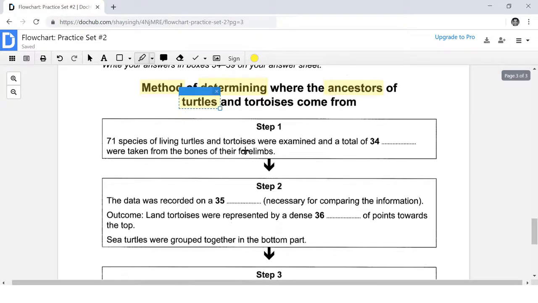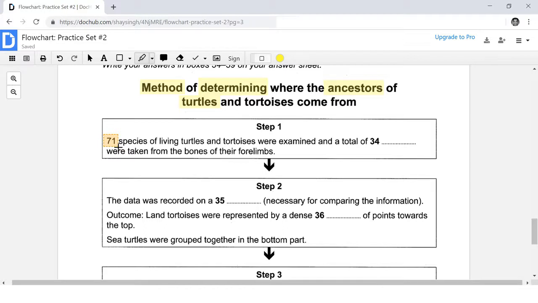Okay. Now here we have different steps. And once you have located the matching paragraph, at that point, what you want to do is start looking for these other keywords from the question in that paragraph. So let's go ahead and mark some keywords from the questions as well. Now over here, we have a very good keyword, 71 species.